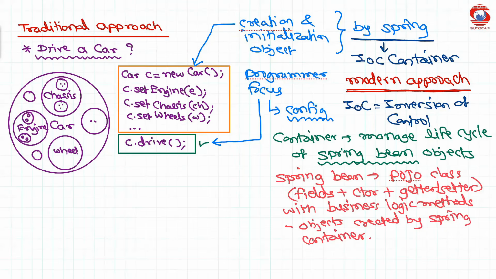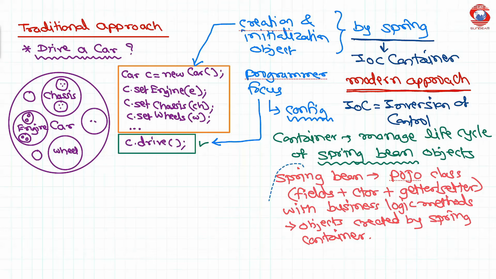For such a class, whatever objects are created by the Spring container, those objects are called a Spring Bean. And that object creation, initialization, destruction, that object lifecycle management, everything is looked after by the Spring container. That is nothing but Spring Bean.